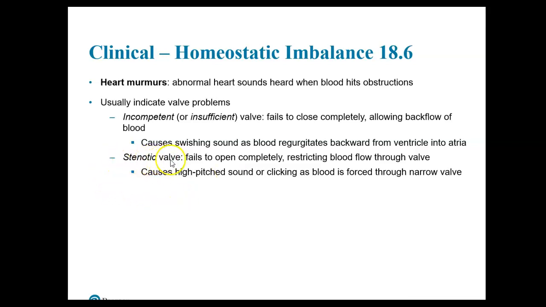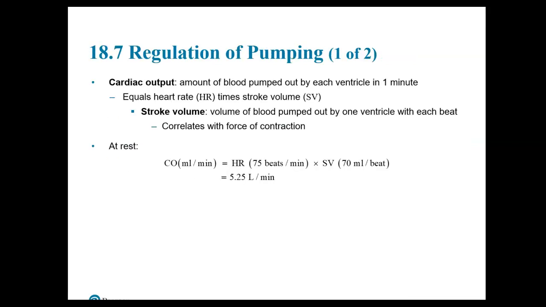A stenotic valve means it doesn't open completely, and it's going to cause a high-pitched sound or clicking as blood is forced through that valve. And we talked about that, the mitral valve stenosis or stenotic mitral valve.